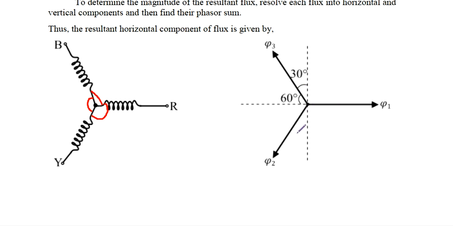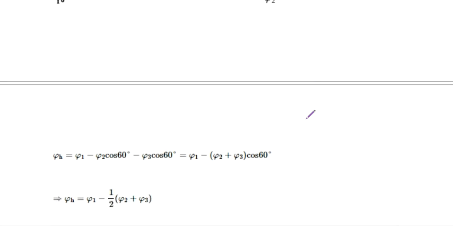So now in order to get the resultant flux with these three coils, we will consider the resultant flux along the horizontal axis and along the vertical axis. Then the resultant of those vertical and horizontal components will give the final net flux, right? So we will see how we are going to get that.